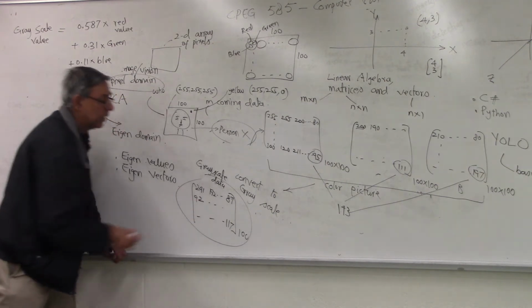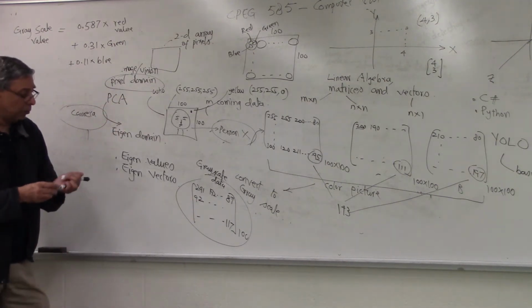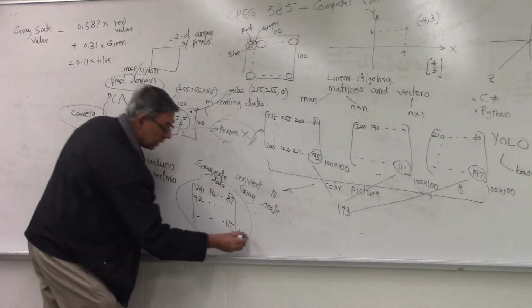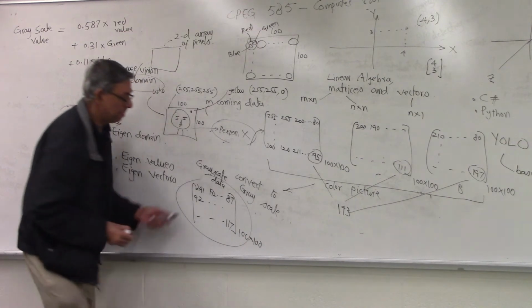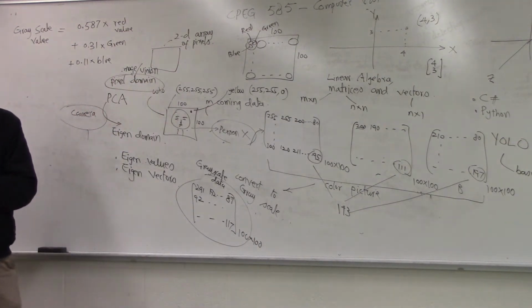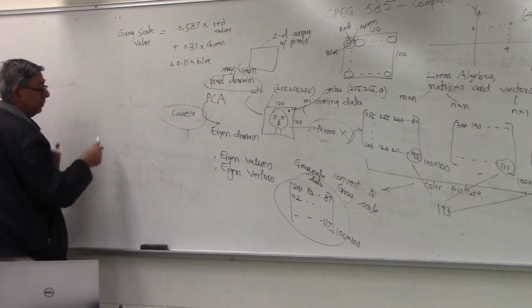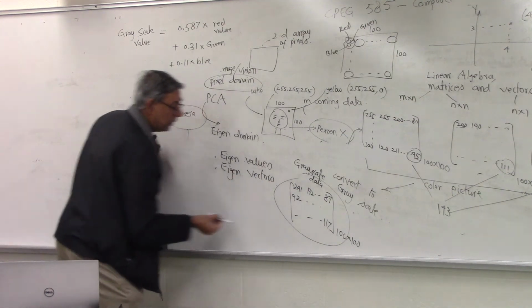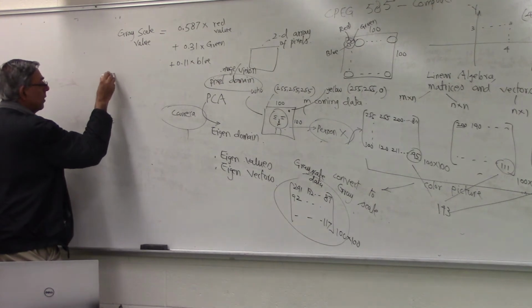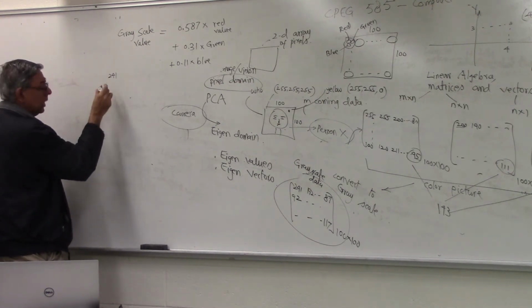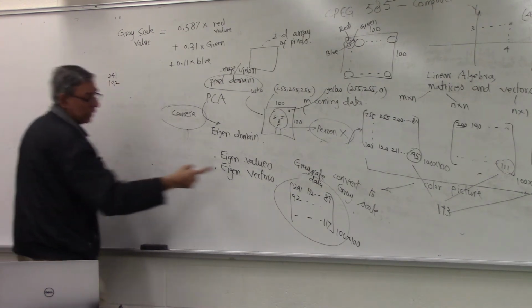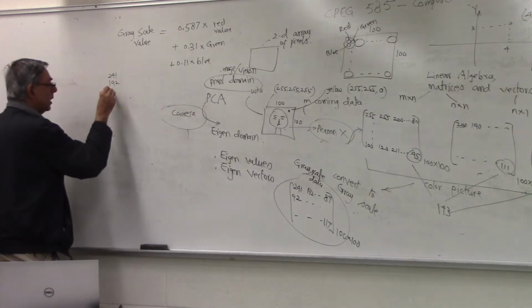Now even though this is a 100 by 100 matrix, I convert it to a vector. So how do I convert it to a vector? One possibility would be I go to each row and start writing it vertically: 241, then 192, then keep going.